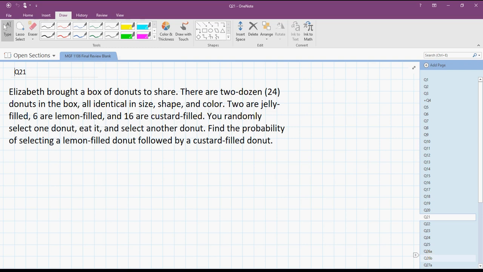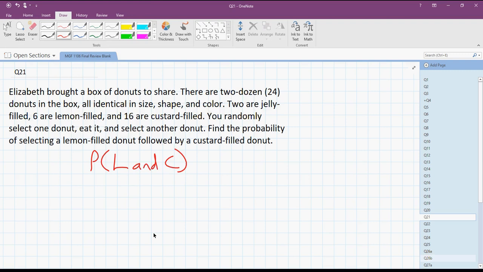You randomly select 1 donut, eat it, and then select another donut. Find the probability of selecting a lemon-filled donut, followed by a custard-filled donut. So we want the probability of being a lemon and then a custard.